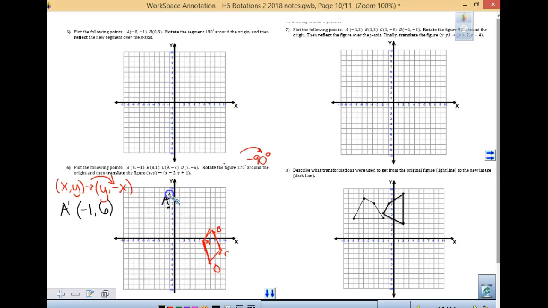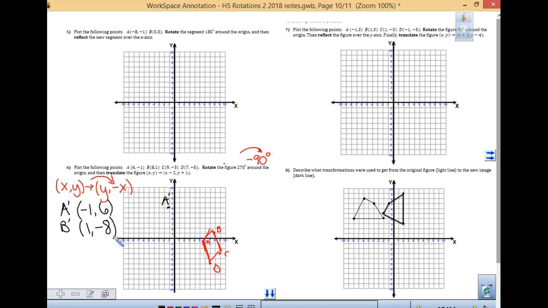This is our A prime. We don't have to list B. B is listed up here. So when you list 8, 1, it's now going to be at 1 and the opposite of x. So B, 1 and -8.